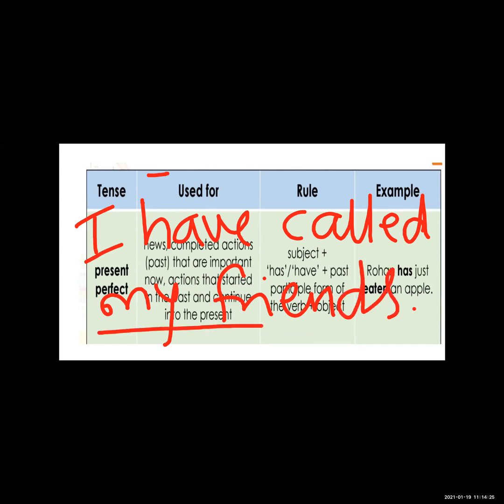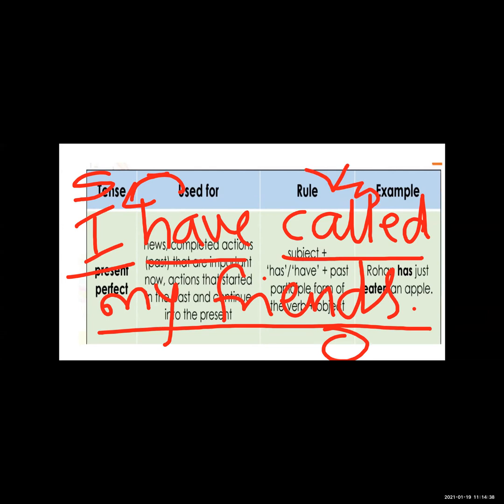Here, my friends is the object. I is the subject. Have is what we use with I, and called is the past participle form of the verb, that is, the third form.